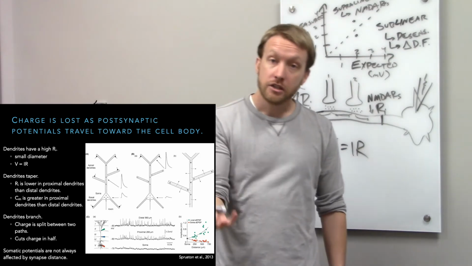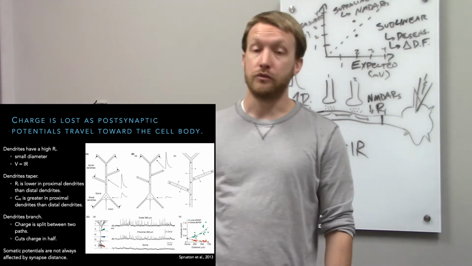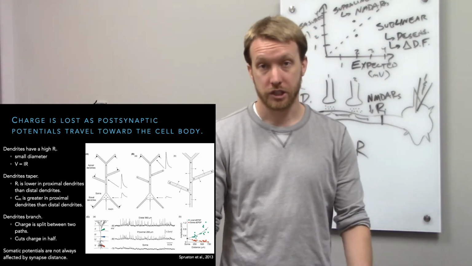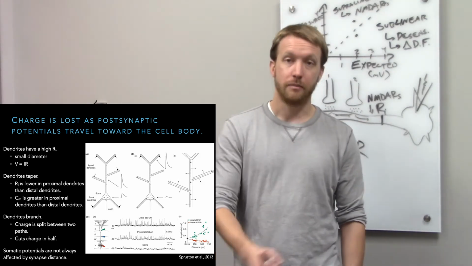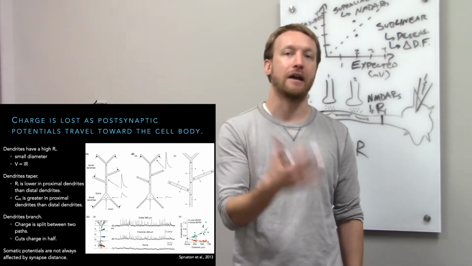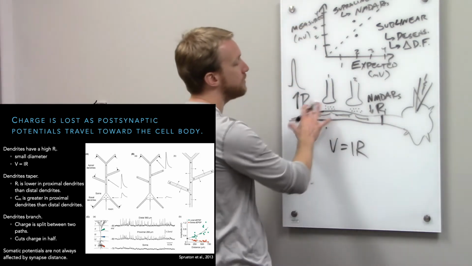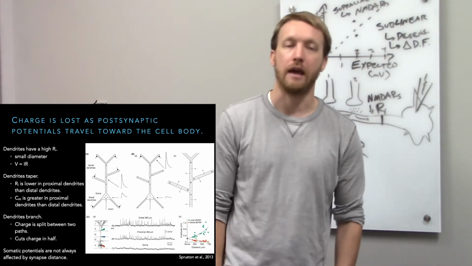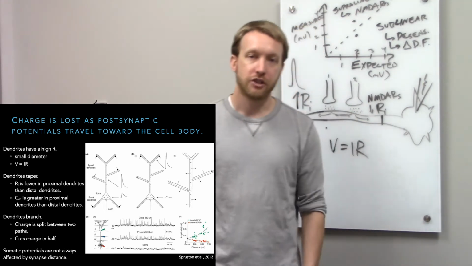Now, of course, changing that resistance affects how the current moves through the dendrites. Your space constant is going to change. So the passive propagation isn't going to work as well whenever we have areas of higher internal resistance. This will kind of bias charge towards moving to the cell body if it's completely passive. And we're also going to have a change in capacitance too.